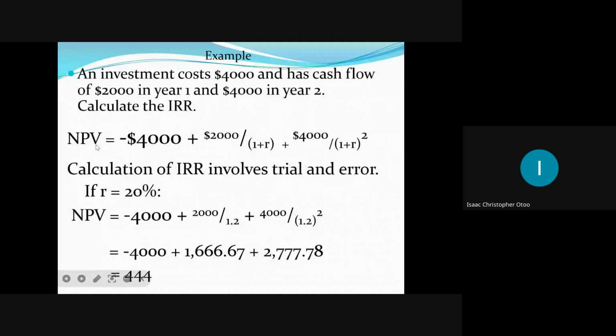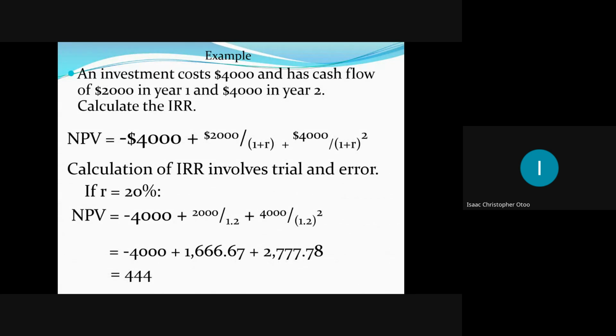Okay, so let's see example 2. An investment costs 4,000 and has cash flows of 2,000 in year 1 and 2,000 in year 2. Calculate the IRR.